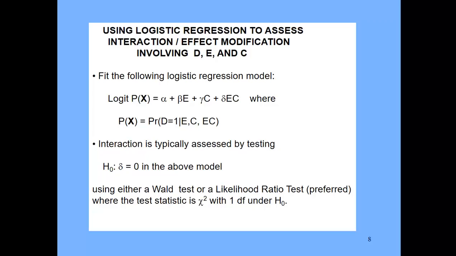Well, with this model, I would test for the significance of the product term. And if it's not significant, I'll say on its own, it's not an effect modifier. I'd also look at how meaningful the interaction is, but in any case, this model would allow you to assess interaction.